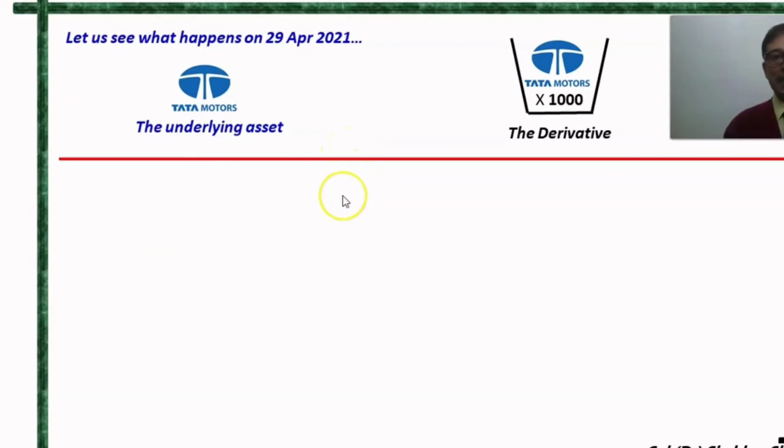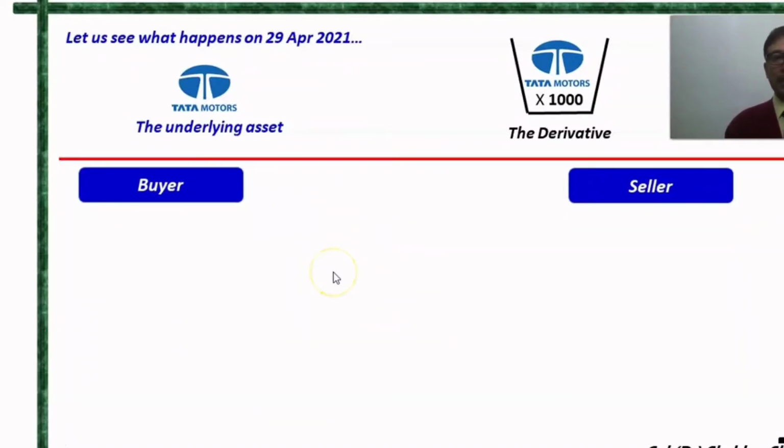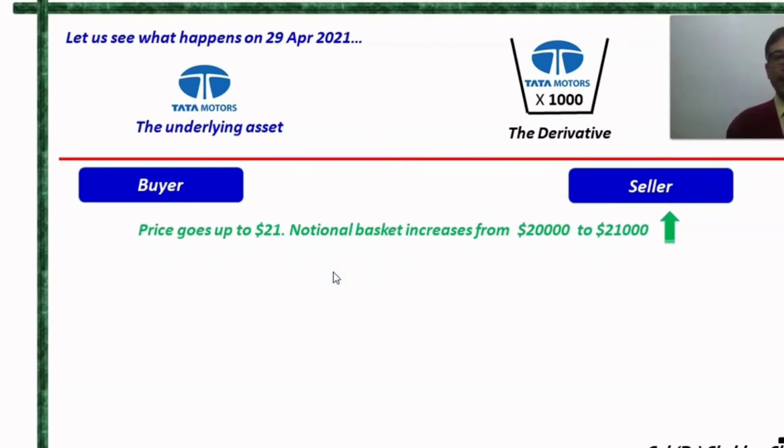The buyer and seller have now entered into a contract, a futures contract, by exchanging a promise. Alright. So now let us see, the buyer and the seller are there only. On 29th April, we find that the price of this Tata Motors share has increased from $20 to $21, and therefore the notional basket's value has increased from $20,000 to $21,000.